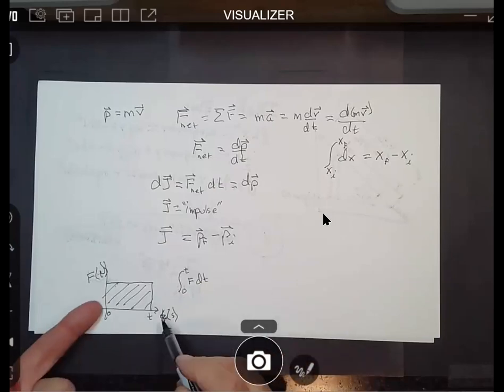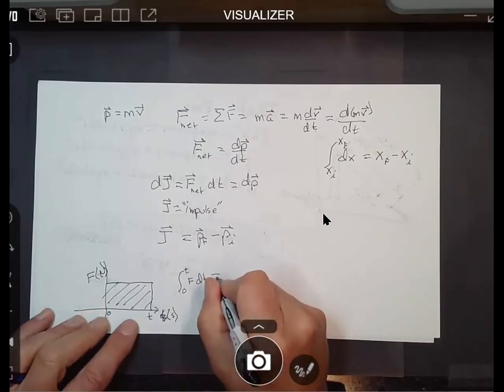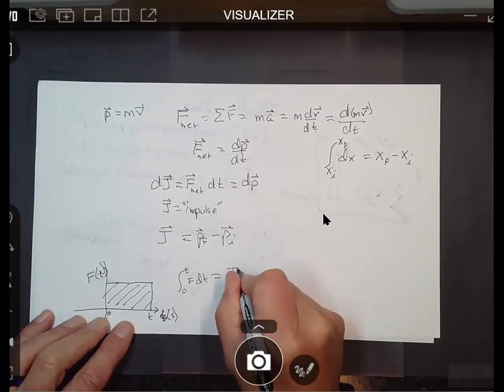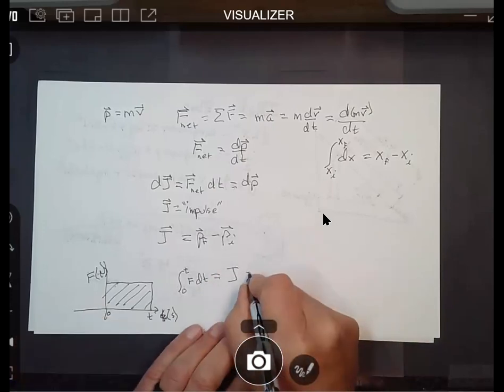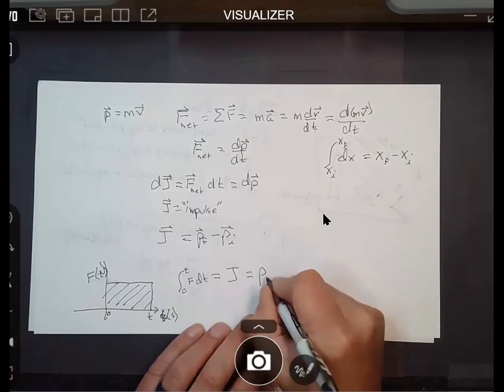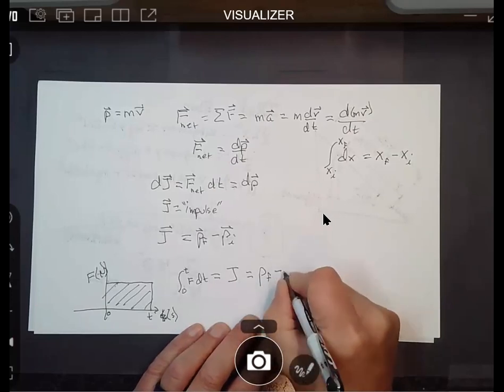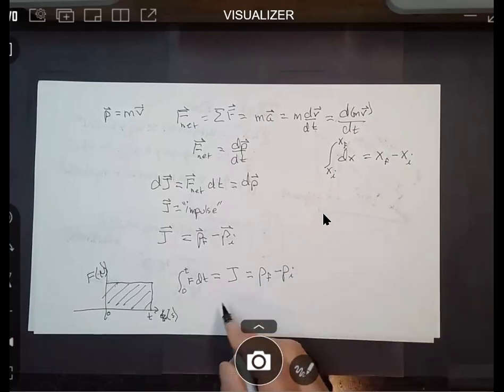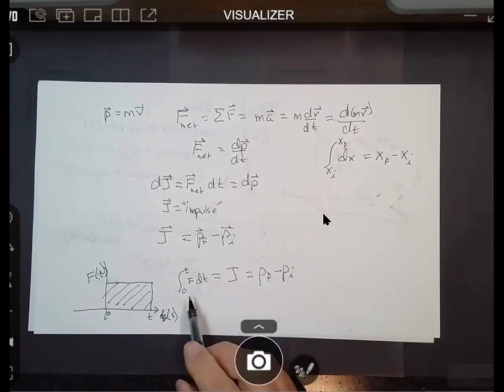And so that would give us a thing that we call an impulse. And that impulse, in this case, could produce the change in momentum of something. So that's what it takes to produce a change in momentum.